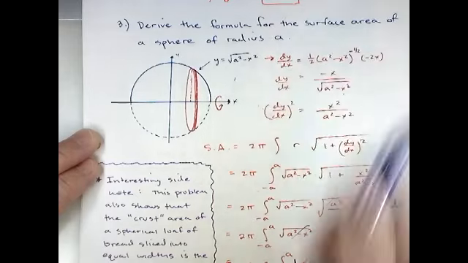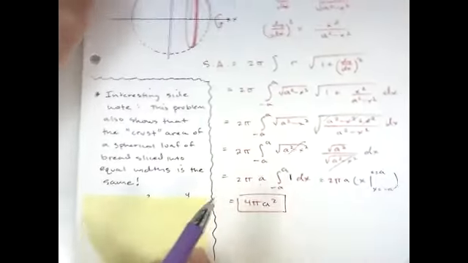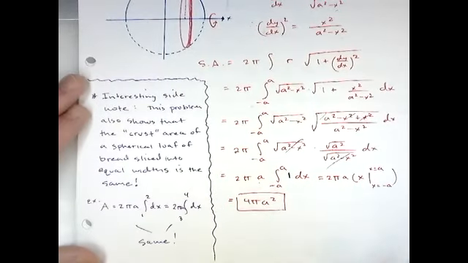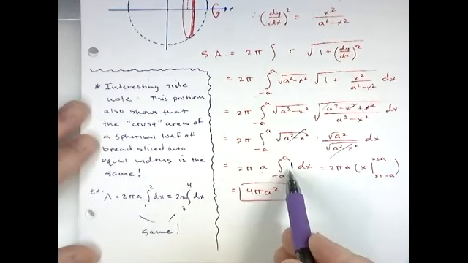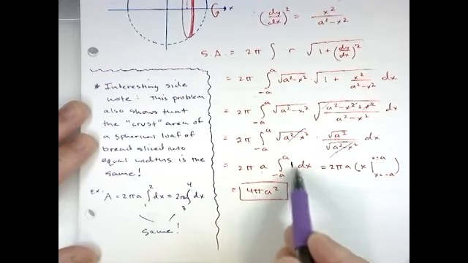Okay, but an interesting thing is that it actually doesn't matter which piece. If your loaf of bread is in the shape of a sphere, all the pieces actually have the same amount of crust. And you can kind of tell that here when we got to this part of the integral and everybody just canceled out, just left us with a 1 here.